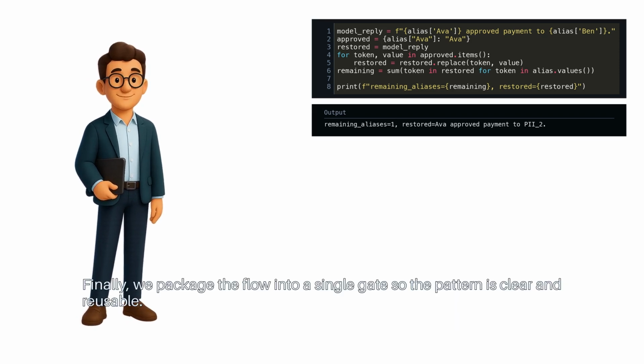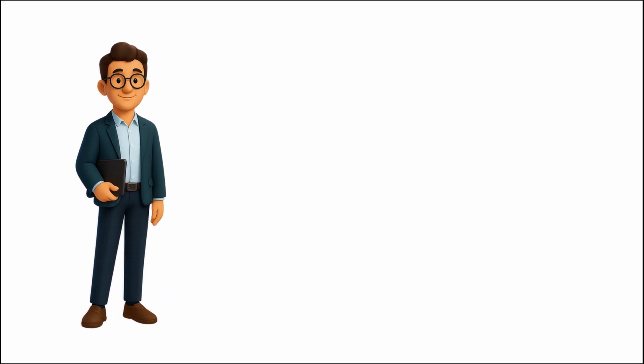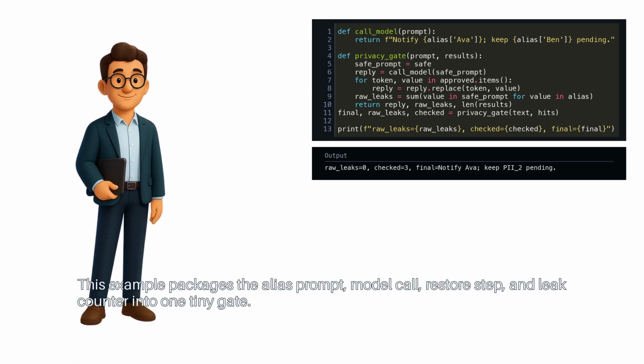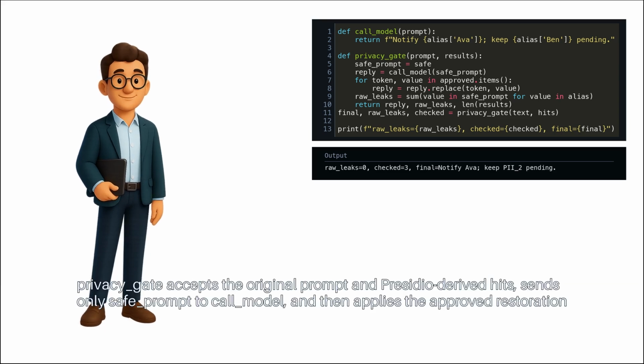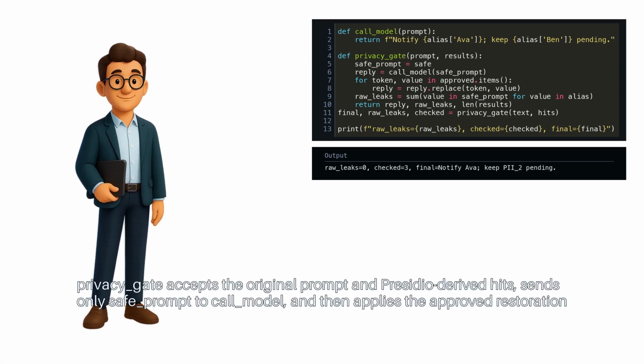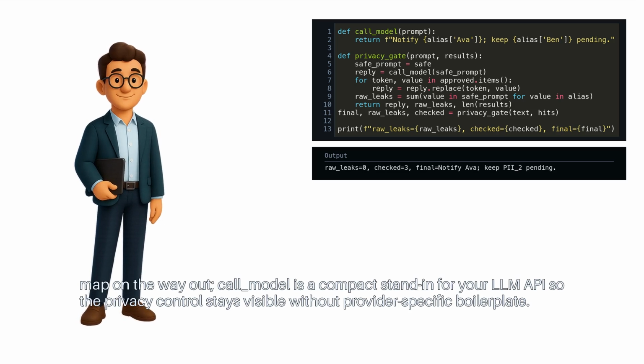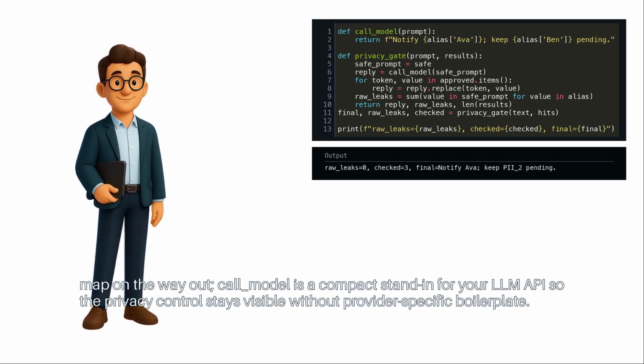Finally, we package the flow into a single gate, so the pattern is clear and reusable. This example packages the alias prompt, model call, restore step, and leak counter into one tiny gate. The privacy gate accepts the original prompt and Presidio-derived hits, sends only the safe prompt to call_model, and then applies the approved restoration map on the way out. call_model is a compact stand-in for your LLM API, so the privacy control stays visible without provider-specific boilerplate.